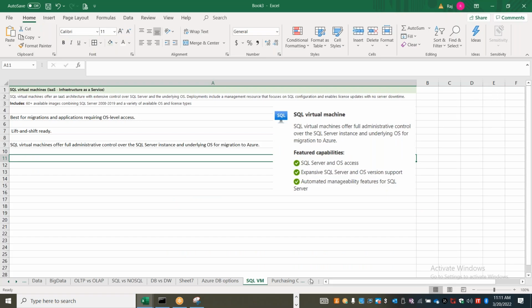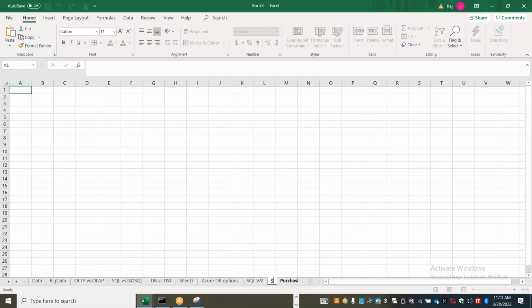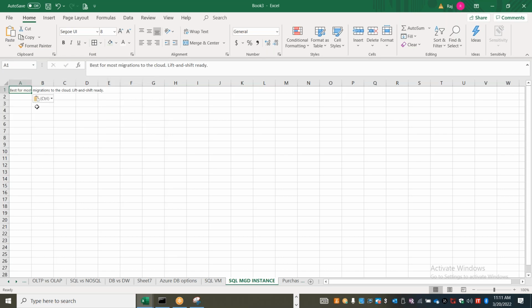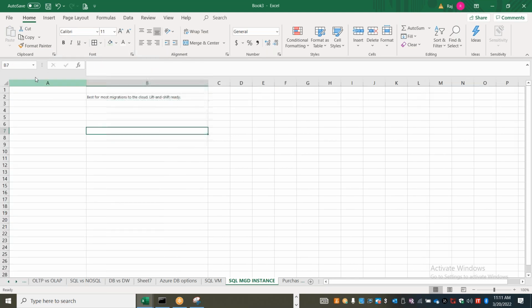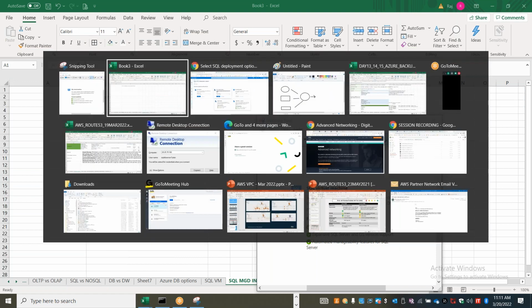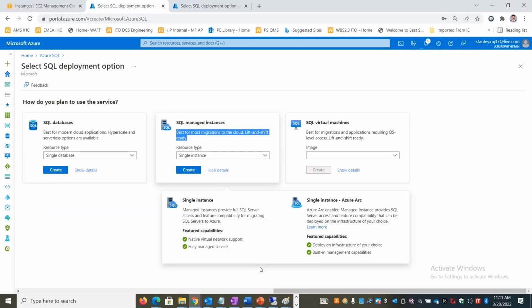From the name itself, you can understand that it is managed at the SQL database level. This is also good for lift and shift, but you're not going to get a lot of control on the OS; you will get control on the database management, the SQL instance.